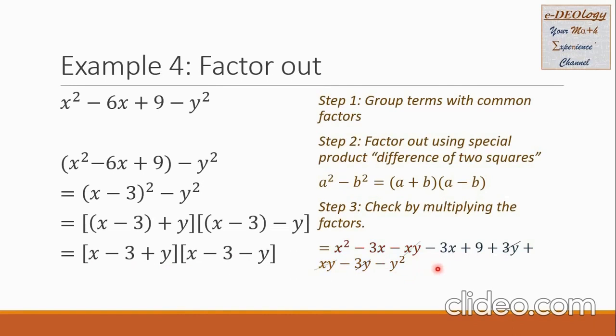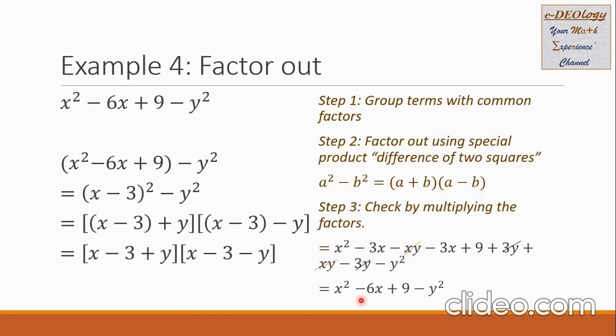And from here, let us see some terms that we can combine or cancel. This negative xy, there is a positive xy down here that we can cancel both of them. Also look at the positive 3y. There is a negative 3y in here, so both terms are cancelled. And then we will collect what will remain, the x squared. Then we have this negative 3x and negative 3x.